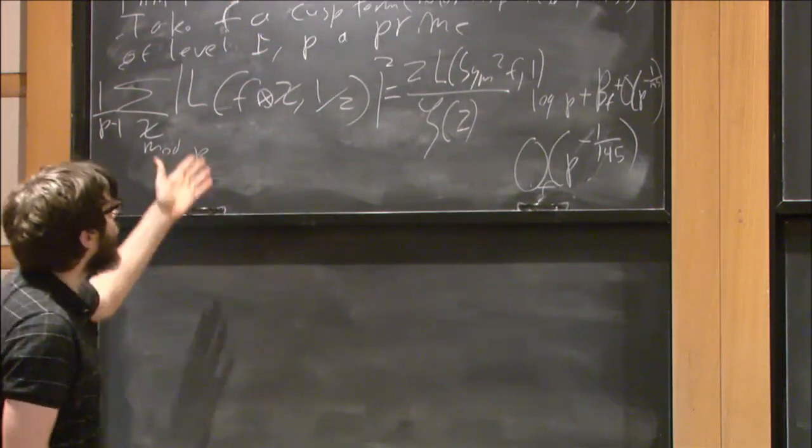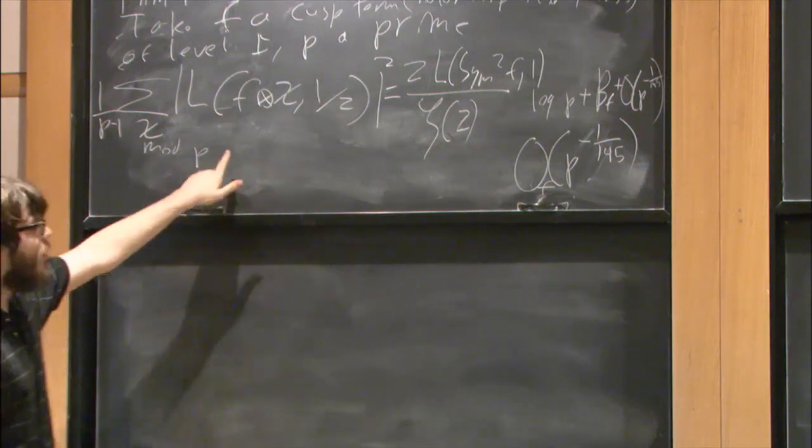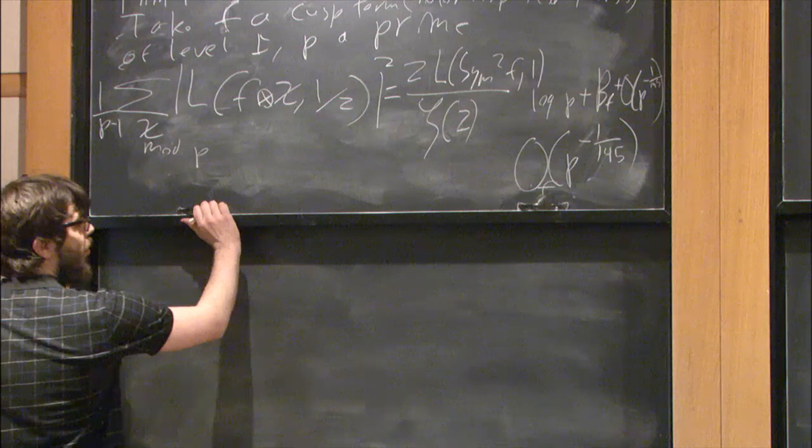And there's a related natural question to ask, which is if I have two modular forms, what's the correlation between these special values?